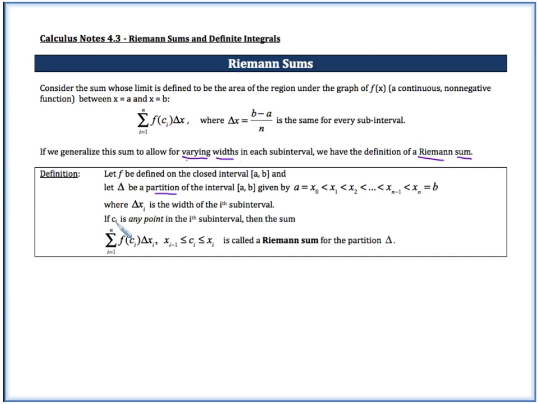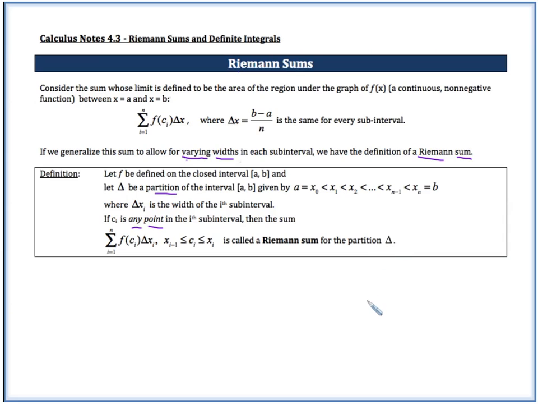If c sub i is any point in the ith subinterval, then the sum from i equals 1 to n of f of c sub i delta x sub i, where c sub i has to be between x sub i minus 1 and x sub i, meaning it has to be on that subinterval, is called a Riemann sum for the partition delta.